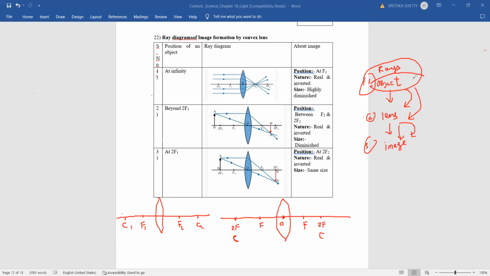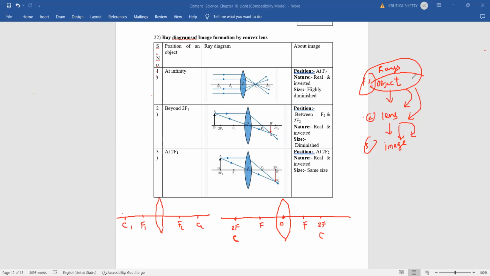You might have seen yourself in a mirror. When you go close to the mirror, you can see yourself as it is. If you are very far from the mirror, you feel you are a little bit short, or it shows a smaller image. But as you go very close to the mirror, it will give you a very sharp and clear image.